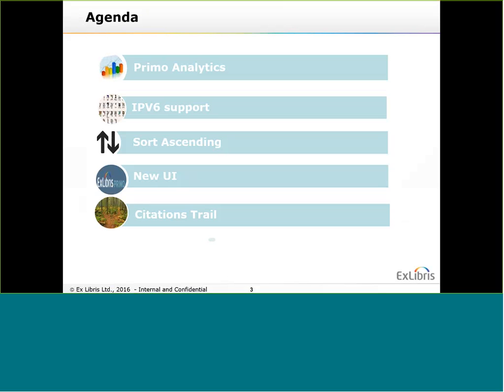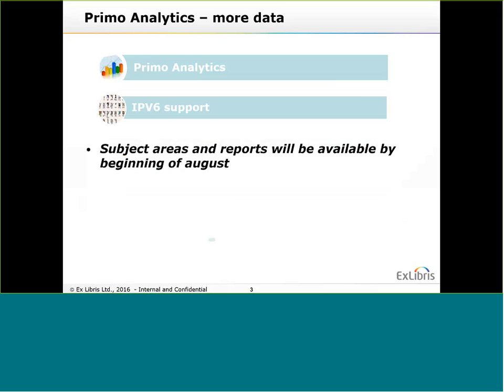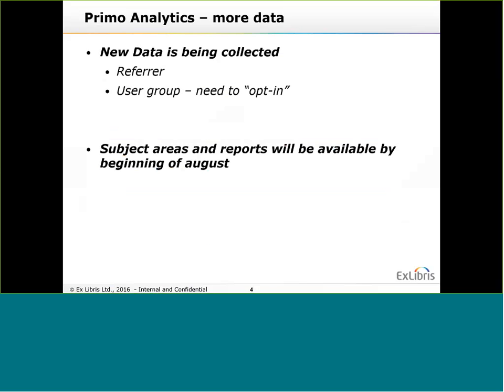So for the Primo Analytics, what I'm going to show you today, not everything that is part of May release is going to be available in the OBI in the Primo Analytics already in May. The idea is that, as we told before, the OBI is the same infrastructure as Alma Analytics.